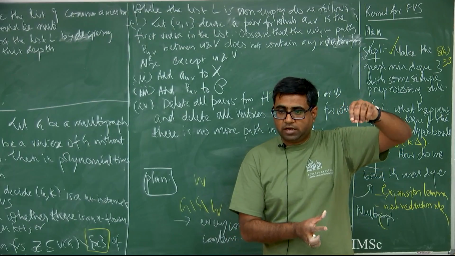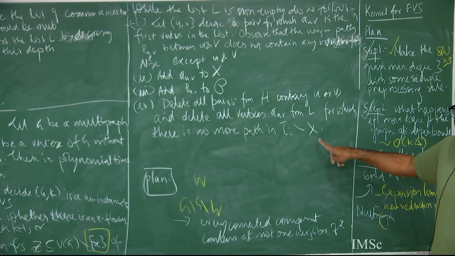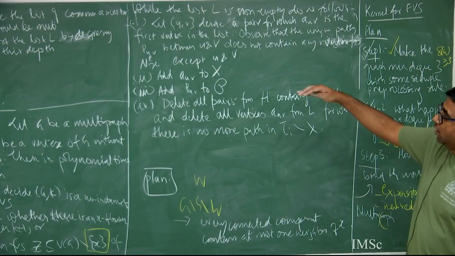But if there is no path in T_i minus X between this U and V, then what is the point of that common ancestor? It doesn't make sense. This vertex is no longer a common ancestor, so it loses its position in T_i minus X, so just delete it. So you have cleaned up.